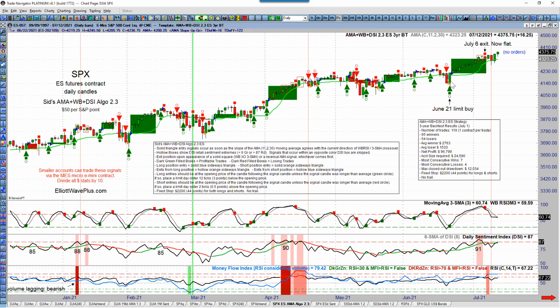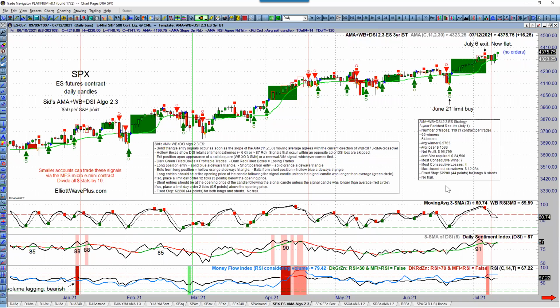So the preferred way to go really would be to take these signals and then if you want to trade ETFs, trade them on a leveraged ETF if you want to. You'll have to kind of guesstimate where the stop would be, based on where the algo puts it.